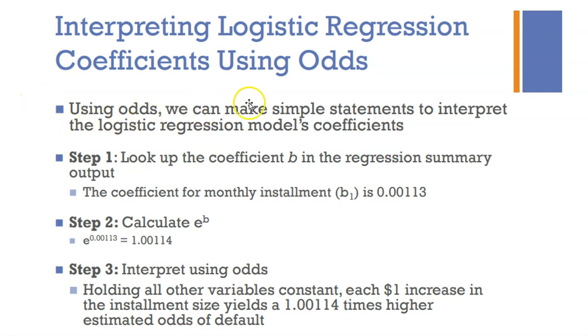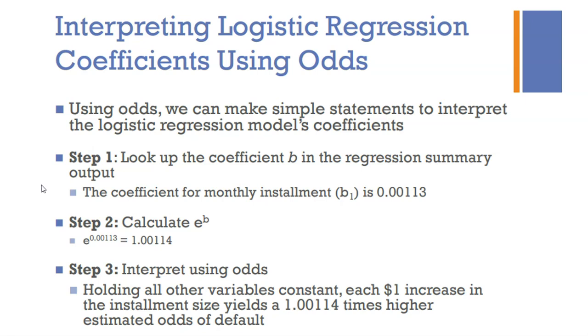Using odds, we can make simple statements to interpret the logistic regression model's coefficients. Step 1 is to look up a coefficient B in the regression summary output. The coefficient for monthly installment B1 is 0.00113.